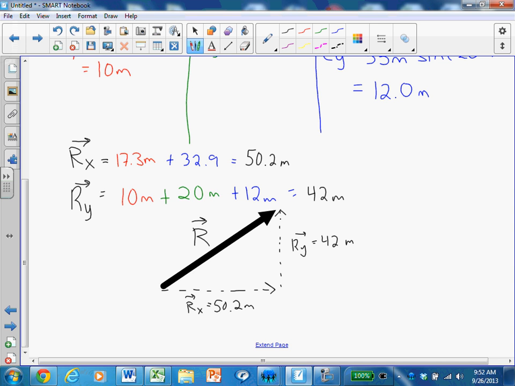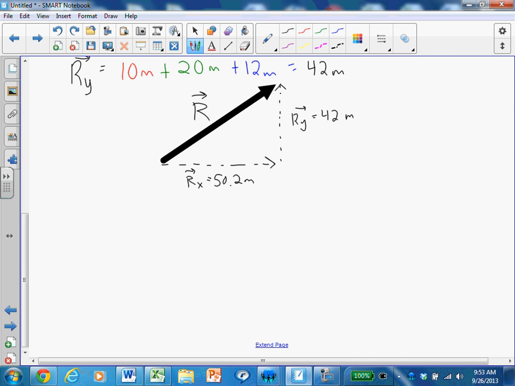And how do I go about finding the value of that resultant vector? Third step. Yeah, we Pythagorean it, right?